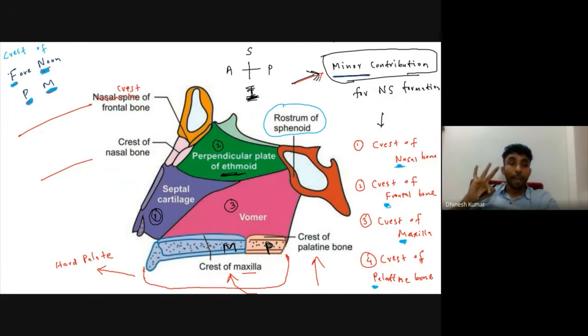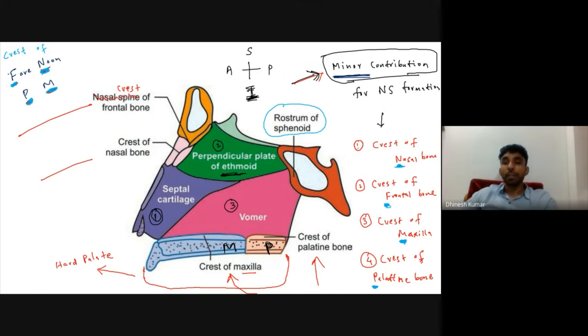Just now I told the three main structures forming the nasal septum, right? Now we are going to talk about the 4 or 5 minor contributions. Whatever bones are located near the nasal septum contribute a little to its formation, like frontal bone, nasal bones, maxilla, palatine bone, and sphenoid bone.